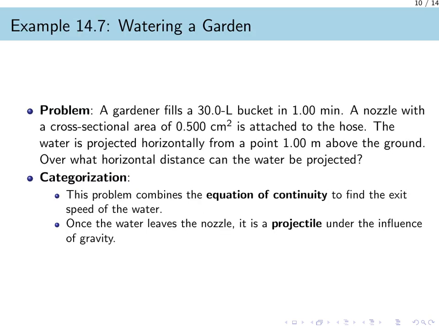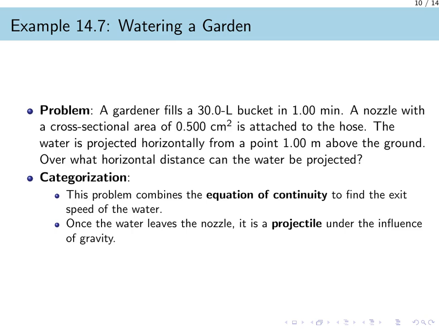This example provides a great opportunity to connect our understanding of fluid dynamics with the principles of projectile motion. The problem asks us to find the horizontal range of water sprayed from a garden hose. To solve this, we must break the problem down into two distinct parts. First, we analyze the fluid dynamics inside the hose.